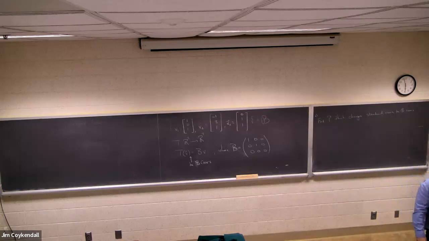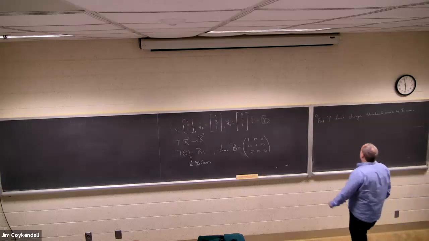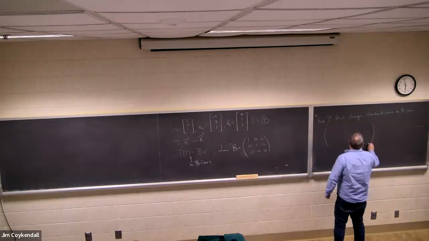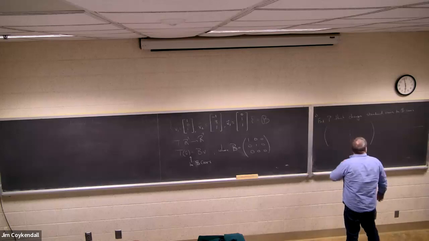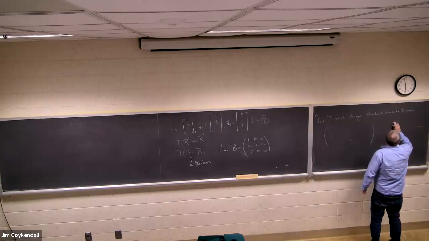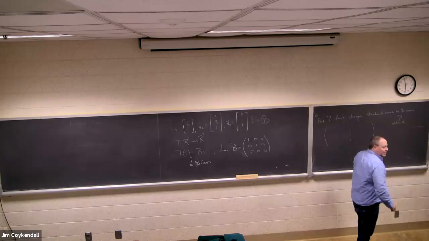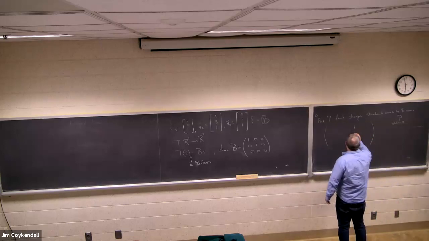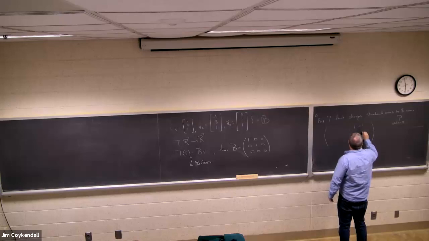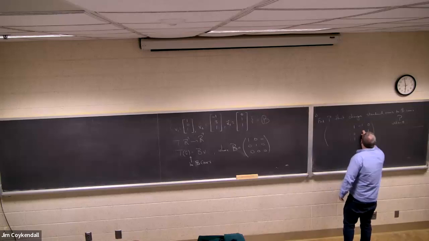Would it just be the basis B, like the 3 vectors it gives you? Actually, the other way around, because that matrix will change B coordinates to standard. So what you really want to do, I think the book uses this notation, B to standard.